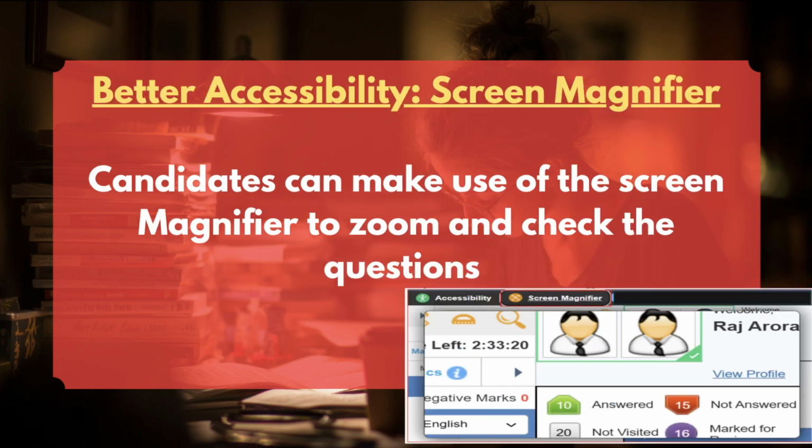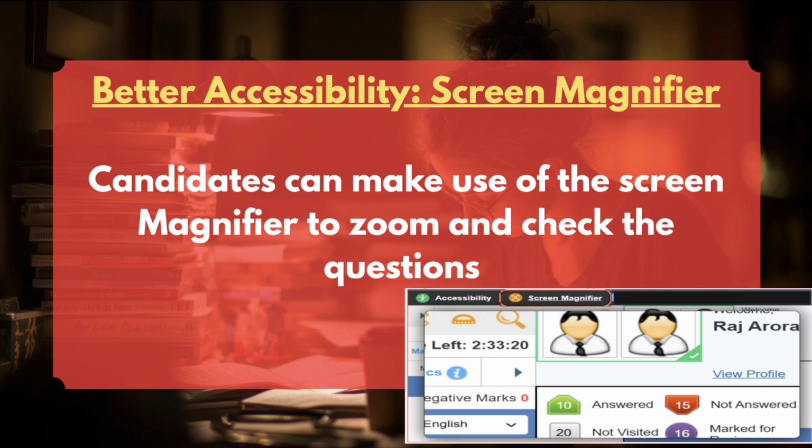The next change made by the authorities is adding a screen magnifier, which means there are a few candidates who wish to check the questions in a bigger font, or due to some impairment they are not able to see the smaller font.